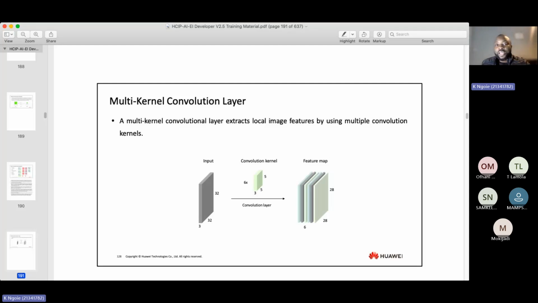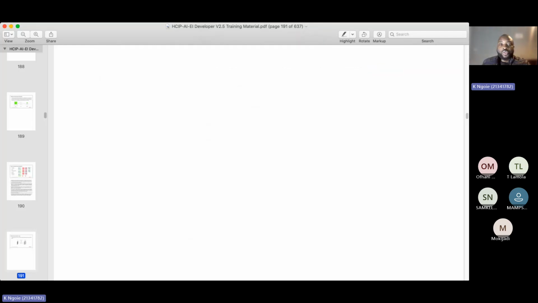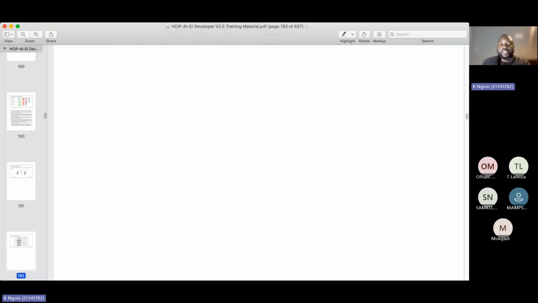A multi-kernel convolutional layer extracts the local image features by using multiple convolutional kernels. That's how the image is converted. From the input image pixels, we extract the edges and textures, giving an idea of the local features, and then we can have the target features, as an example.